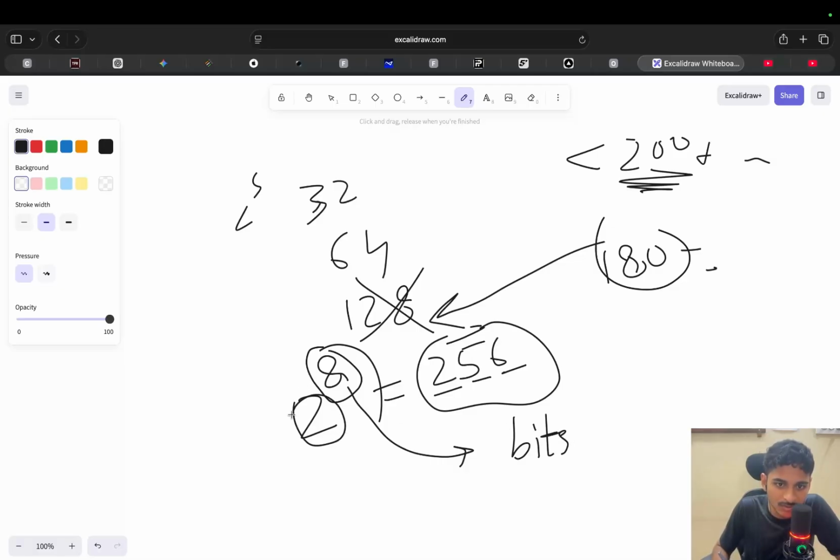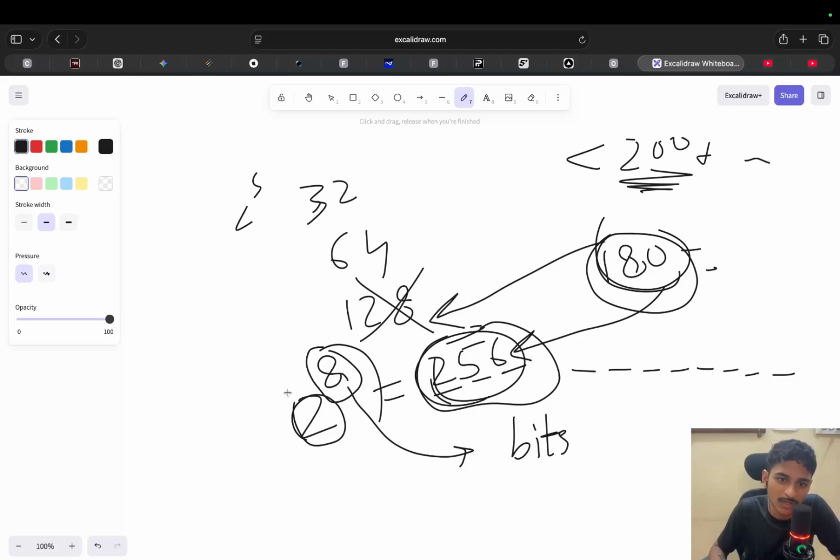These are the possibilities, right? So if there is an 8-bit number, 1 2 3 4 5 6 7 8, we can store, for example, these 180 characters, right? So they can be stored in 256 possibilities. 256 characters can be stored in 2 power 8.